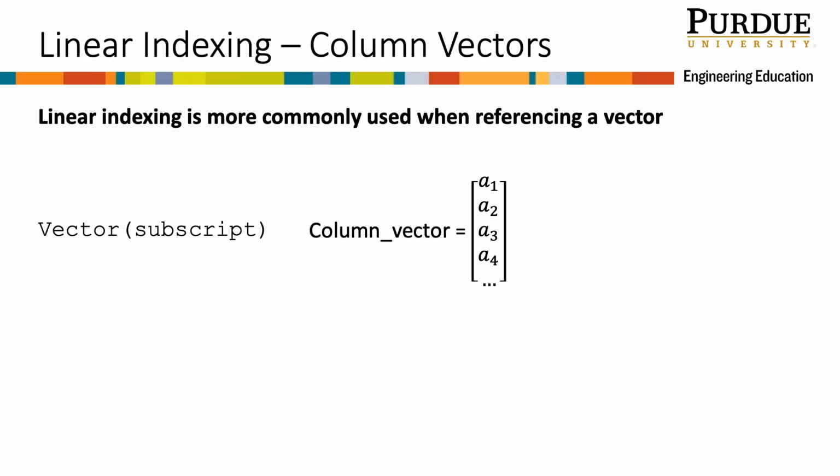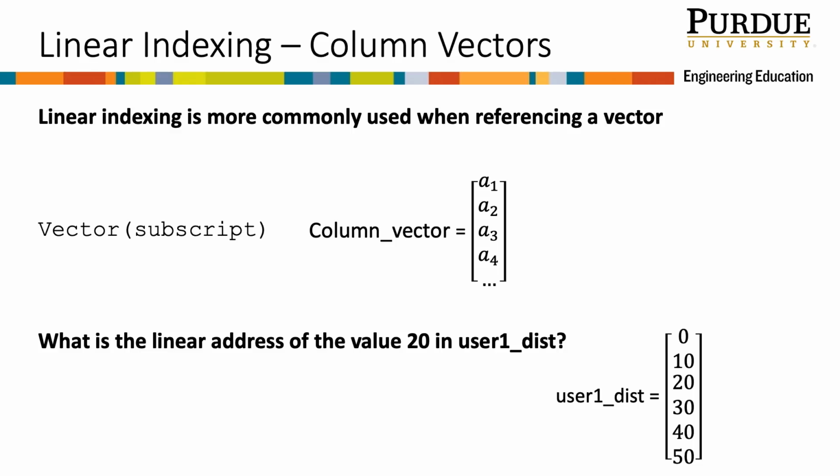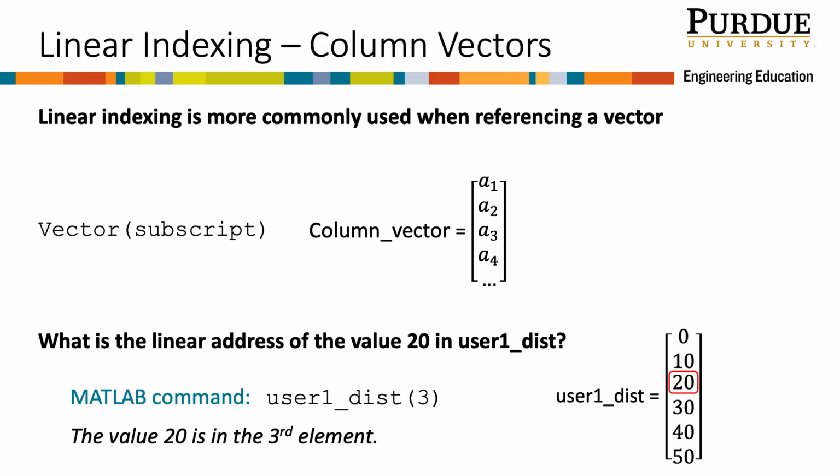Linear indexing, as opposed to array indexing, is often used with vectors since there is no second dimension to worry about. In this column vector, we just count down the first column, ending at the last value, as there are no other columns to the right. Here's an example when the vector is a column vector. What is the linear address of the value 20 in user1_dist? The value 20 in the vector is the third element, so the MATLAB command is user1_dist(3).